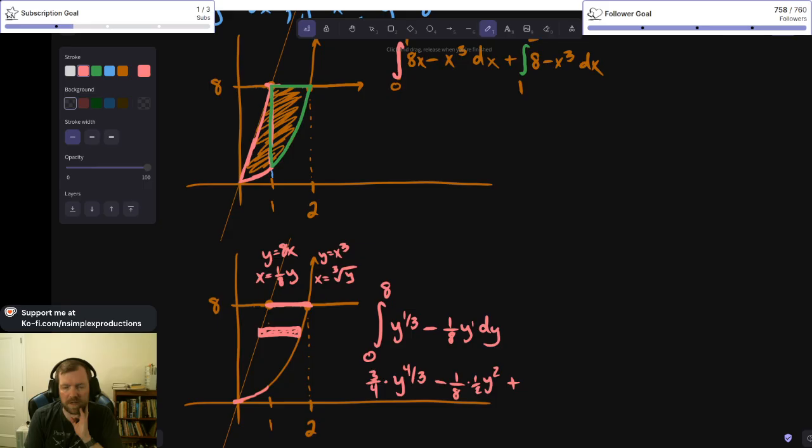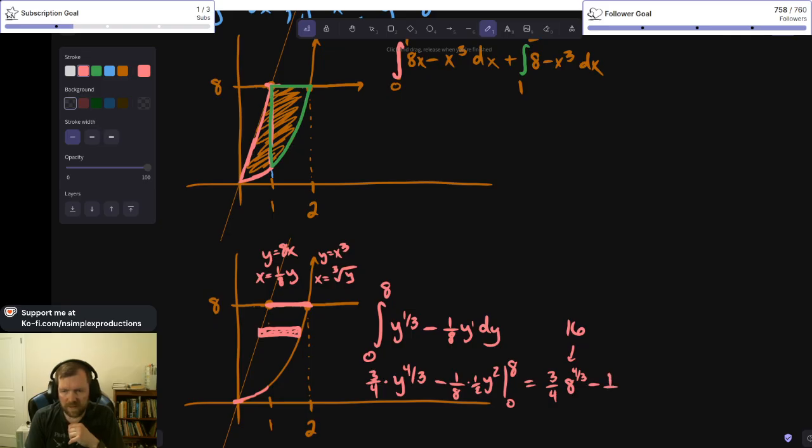Right, and then, nope, we don't need a plus c because this is a definite integral going from 0 to 8. 0 is going to be fine for this, but it's also going to clear out all of our elements here, so they're gone. Okay, so we get a 3/4 8 to the 4/3. All right, this is going to be 16. So the cube root of 8 is 2, and then 2 to the 4th power is 16.